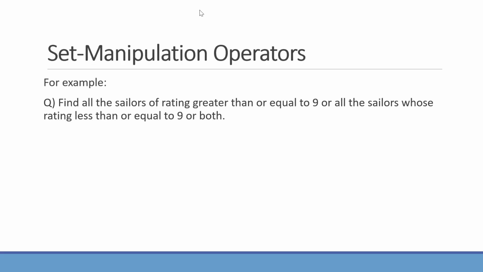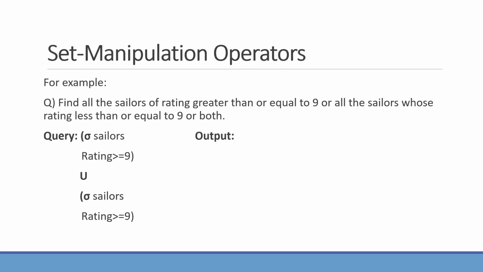For example, the question is: find all the sailors of rating greater than or equal to 9, or all the sailors whose rating is less than or equal to 9, or both. So here you use the union operator. Let's see how it is used.